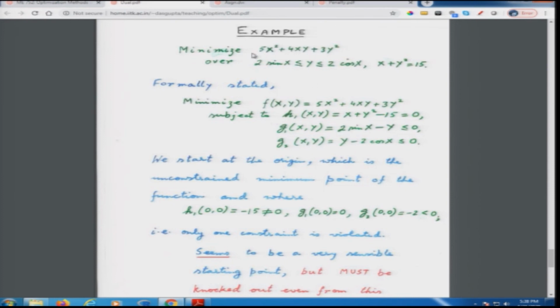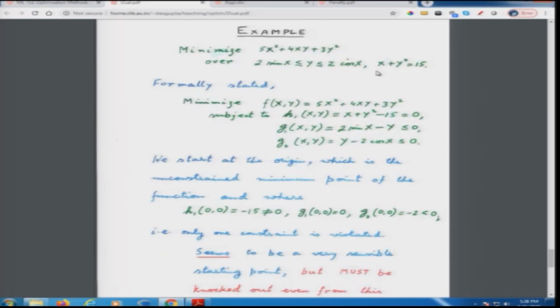The problem is to minimize this function over this domain. Y is less than equal to twice cos x and greater than equal to twice sin x. So, basically two sinusoids with 90-degree phase difference, and between these two the region that is stuck is the superset of the domain.